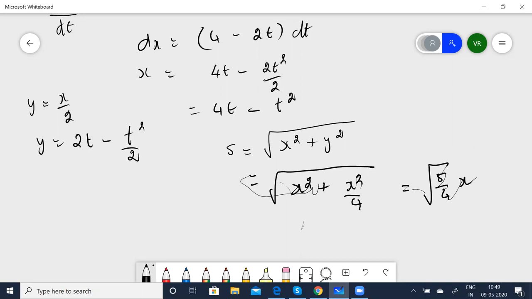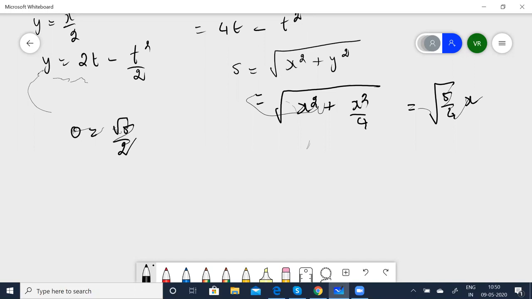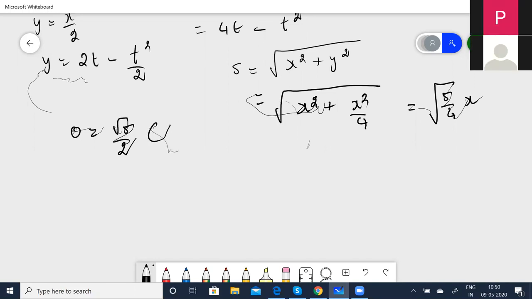Now equate that to 0 because we take the displacement to be 0. So 0 is equal to root 5 by 2 times (4t minus t squared). From this you can infer that t is equal to 4 seconds.